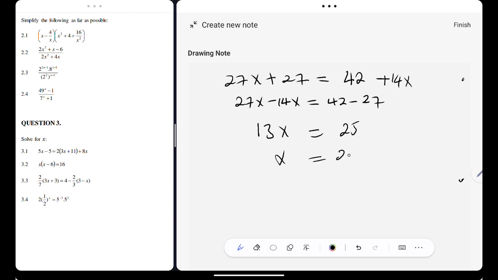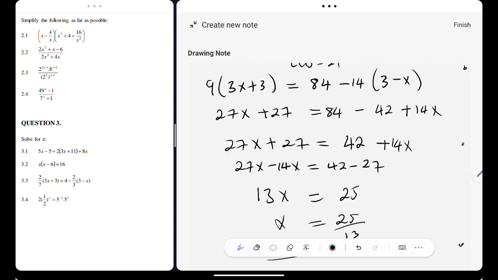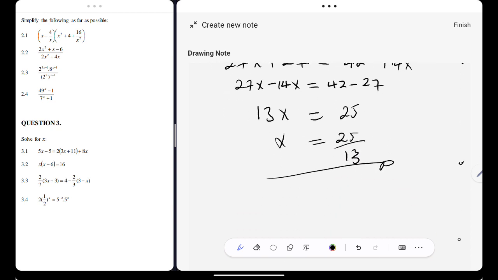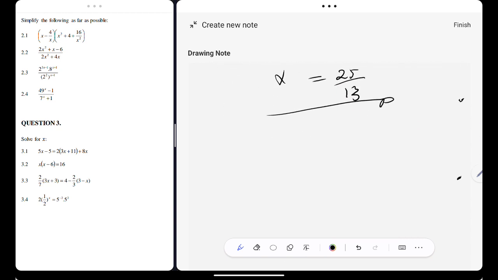Then x is equal to 25 over 13. x is 25 over 13.